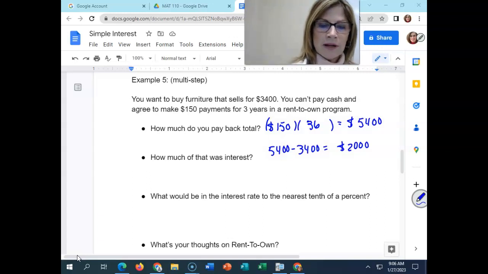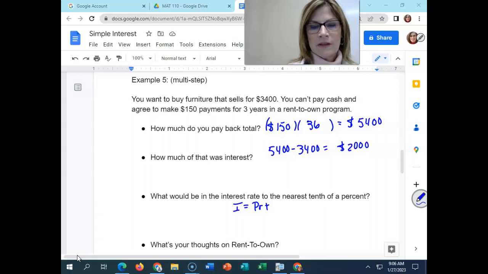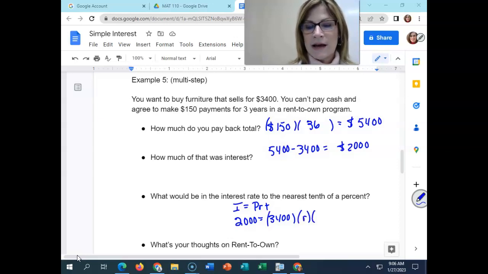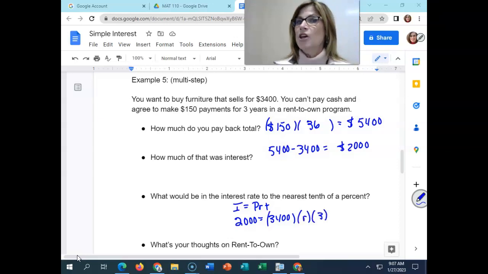Okay, so they never tell you this, but what would be the interest rate? Okay, so at this point, we know I equals PRT, we know the interest, 2,000, we know our principal, 3,400, we don't know the rate, and we do know the time, and it's the time in years, not months. So 3,400 times 3 is 10,200.